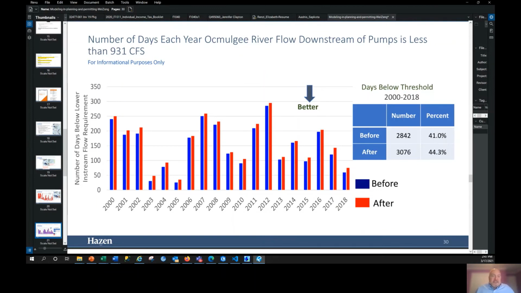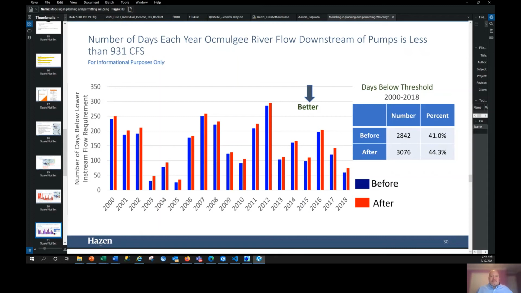The plot I'm showing here is a performance metric that compares the number of days that pumping is restricted each year relative to the 931 CFS threshold with and without the new demand. In other words, it shows the number of days pumping is not allowed, given that Lake Juliet is above 428 feet when you're pumping.